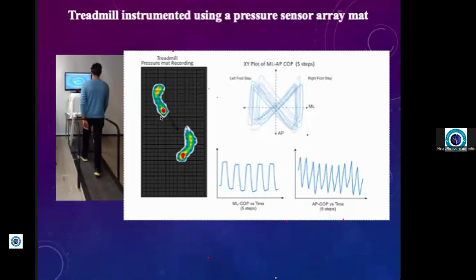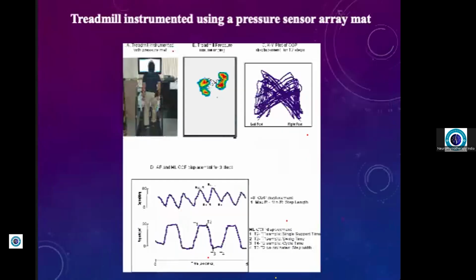If you see this slanting line here going from one foot to another, and then again, this foot will go forward, and then this foot will go forward, and it'll create a butterfly. When you stretch that butterfly into ML direction versus AP direction, this is what that butterfly starts looking like. And then you can calculate the spatiotemporal gait parameters based off of your graphs for each individual patient.